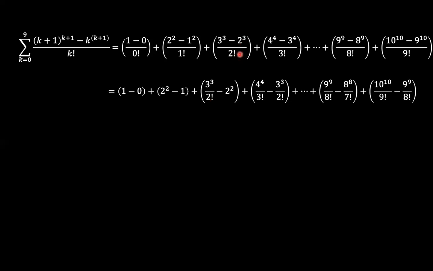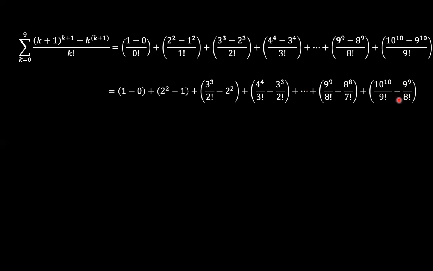The 2 cancels, and so we are left with 2 squared over 1 factorial, so 2 squared. And then 4 to the power 4 over 3 factorial minus 3 to the power 4 over 3 factorial, where one of the 3s cancels, and so we have 3 to the power 3 over 2 factorial, and so on until we get 10 to the power 10 over 9 factorial minus 9 to the power 9 over 8 factorial.